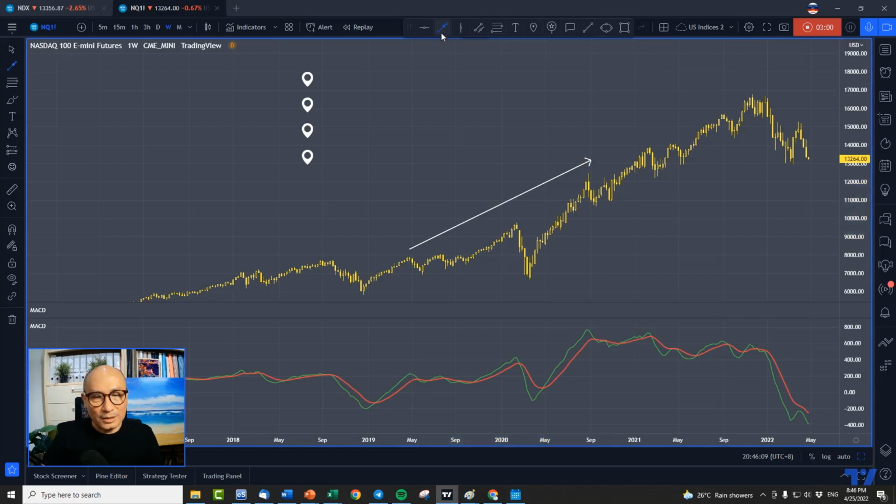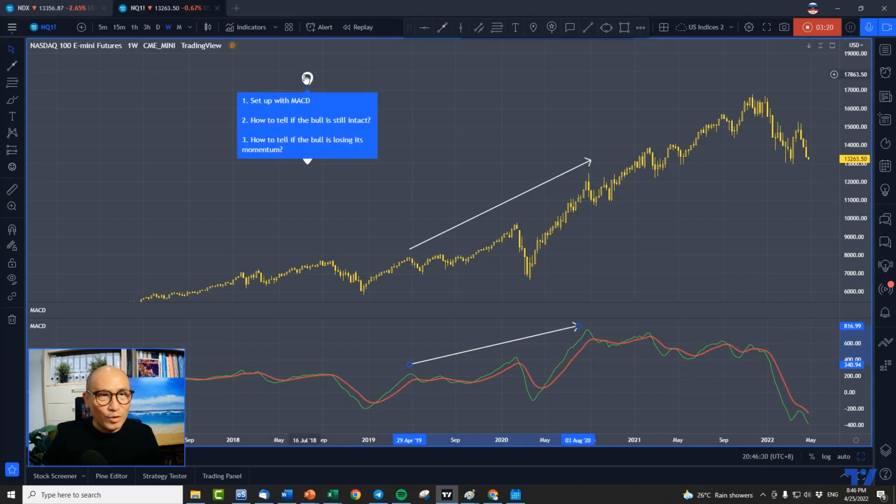Now, for the MACD, as we could see here, each new peak was also higher than the former peak. This is a bit flattish, I know that, but the subsequent one was higher, and this was higher. And that kind of gives me a sense that the market, the bull, is intact.